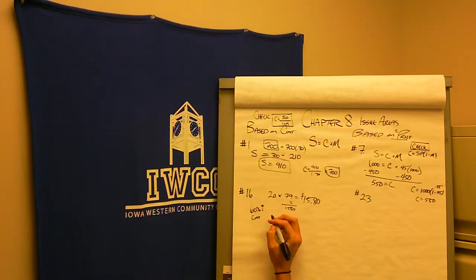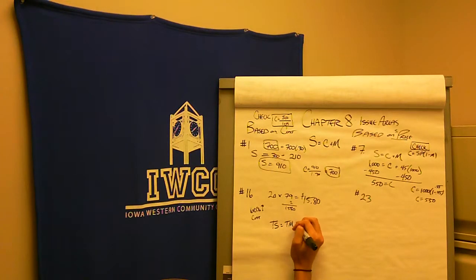So what is our total selling price? Our total selling price is equal to total markup plus total cost. We know our cost is $15.80 and the markup is 60% of our cost.